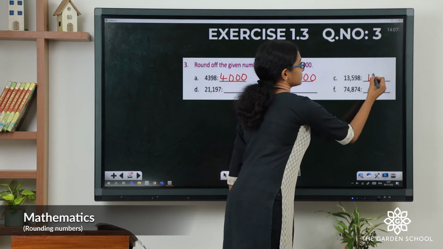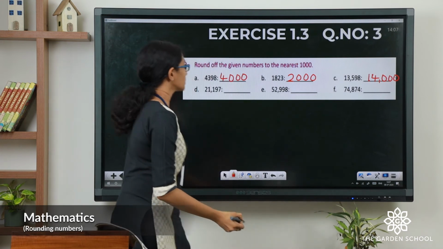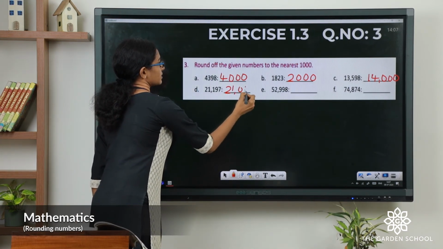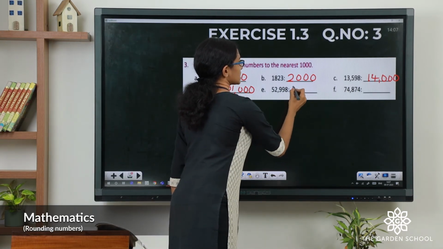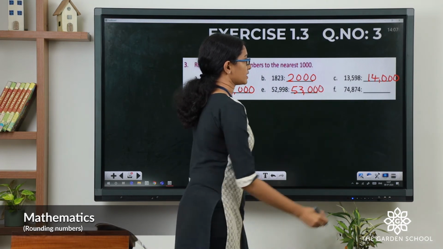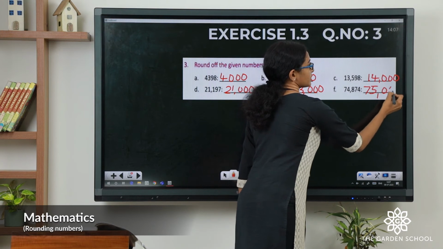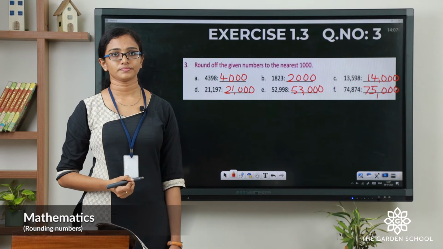Here, the answer is 14,000. Here the answer will be 21,000. Here the answer is 53,000. And here the last one, the answer is 75,000. I hope your answers are correct.